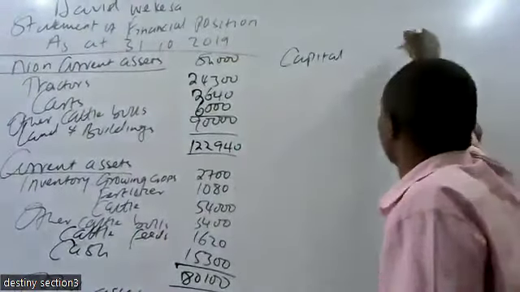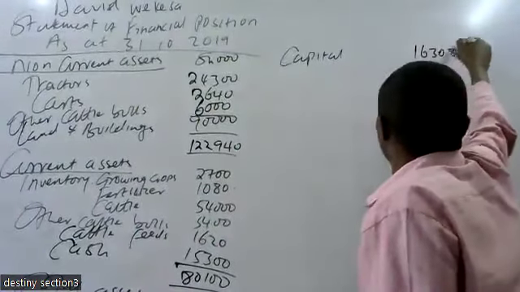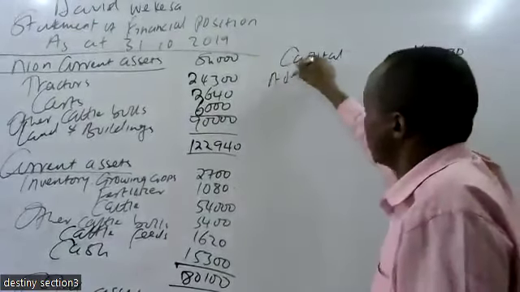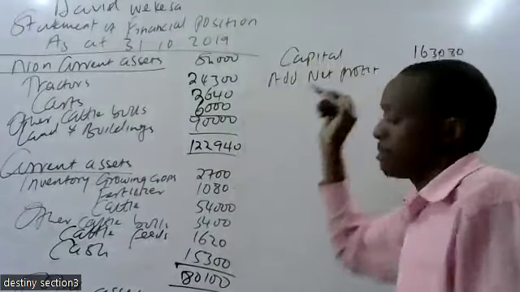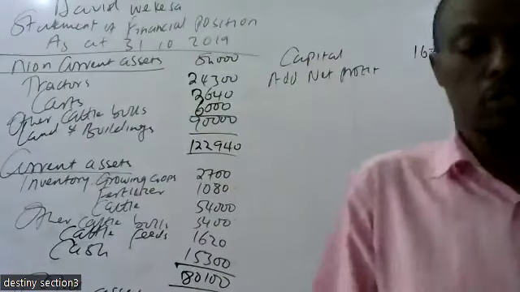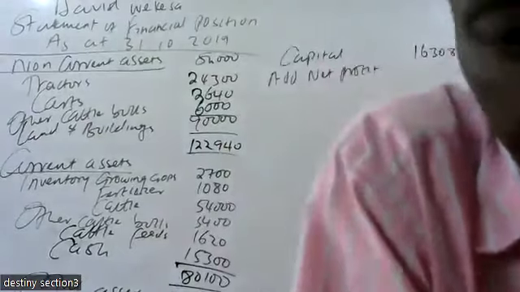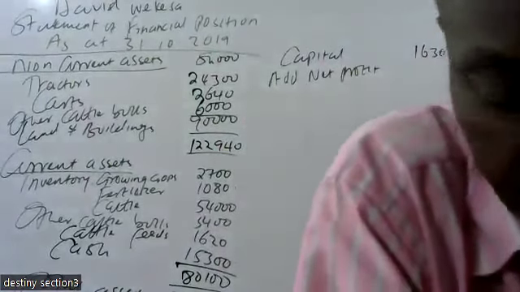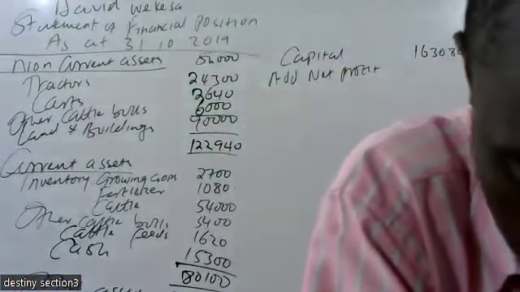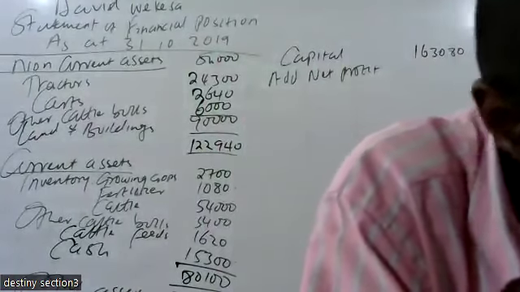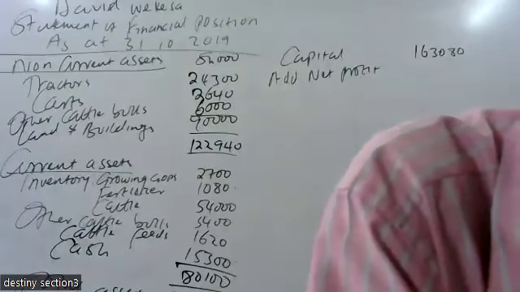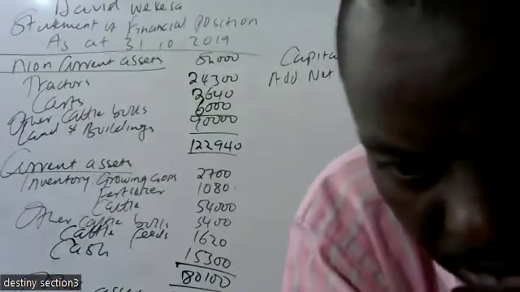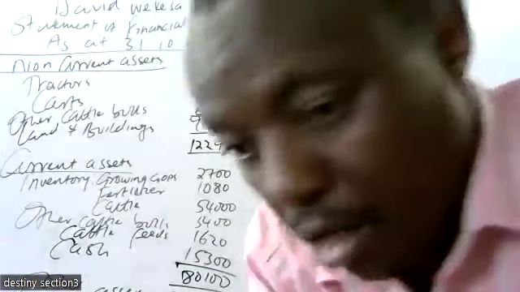$163.08. Add net profits that we obtained from the statement of profit or loss. How much was that?